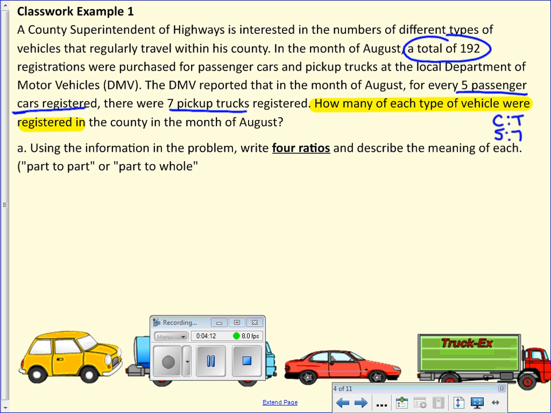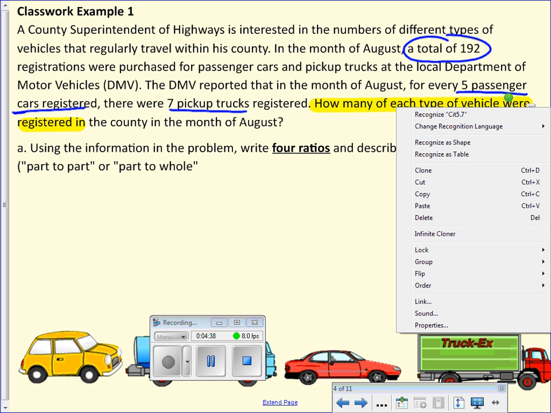Okay, so now that we understand what it means, let's get cracking. We're going to start off by writing 4 ratios. Underline those key words. What do they want from us? That's one of the big changes that we've seen in the curriculum, a lot of words, which is not a bad thing. It's helping us learn how to read and figuring out what they want. What do we want? 4 ratios. So somebody give me a ratio. They already did one. 10 to 14.